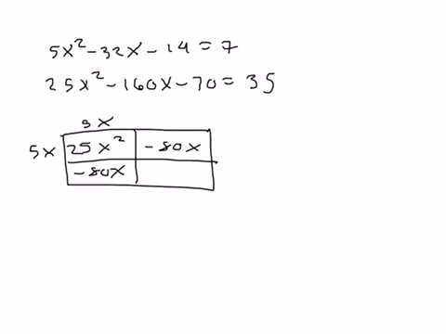What did I have to multiply to get negative 80? I had to multiply 5x by negative 16. So minus 16. And then 16 times 16 is, I think, 256. Let me double check though. Yes, it is 256.